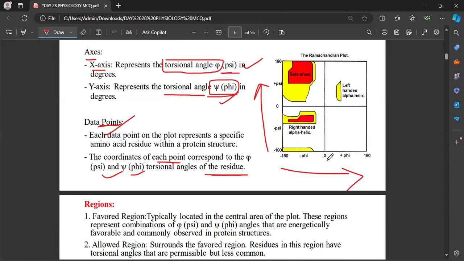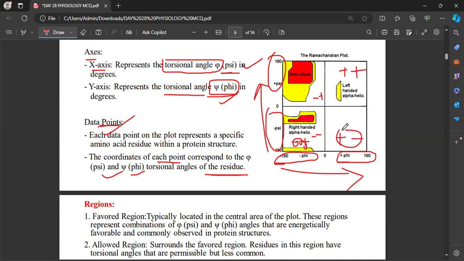Here we can find the positive values and here the negative values. So you should know that this quadrant will be positive and negative, this one negative and positive, this one positive and positive, and this one negative and negative.